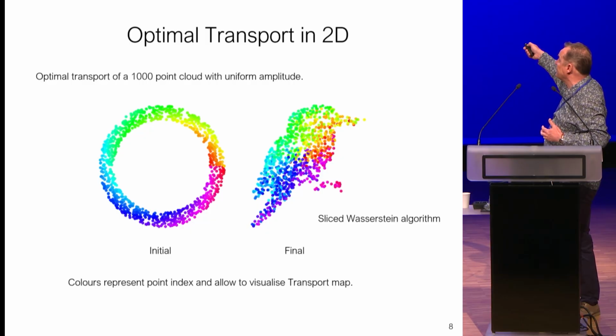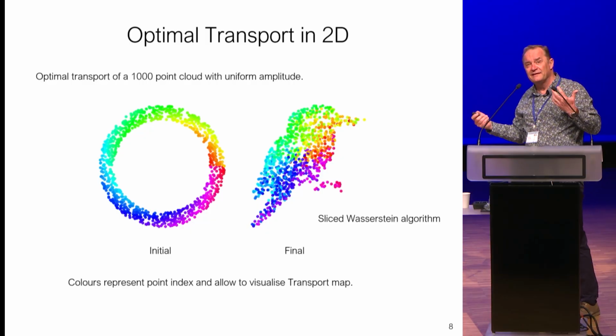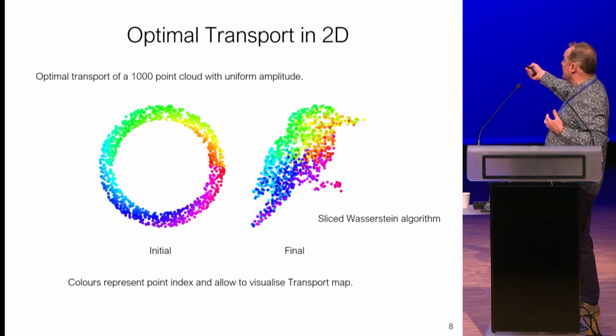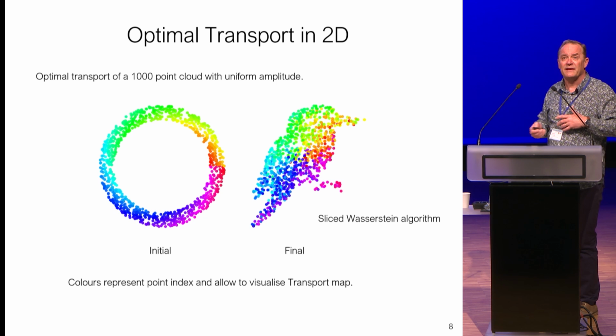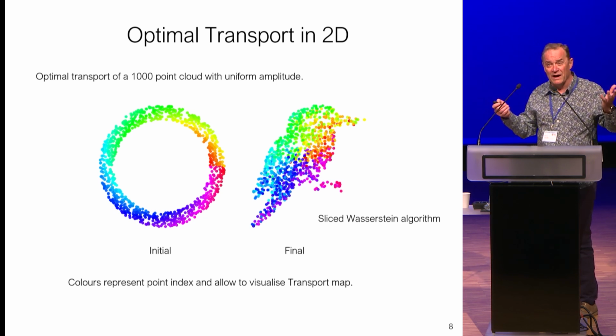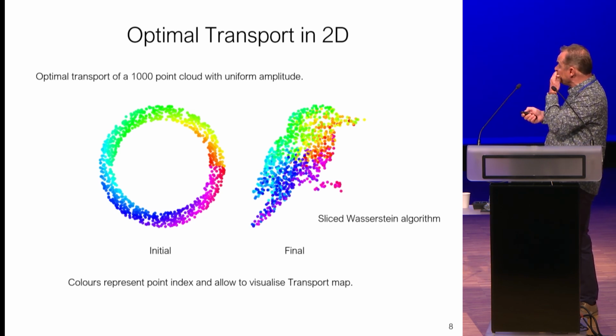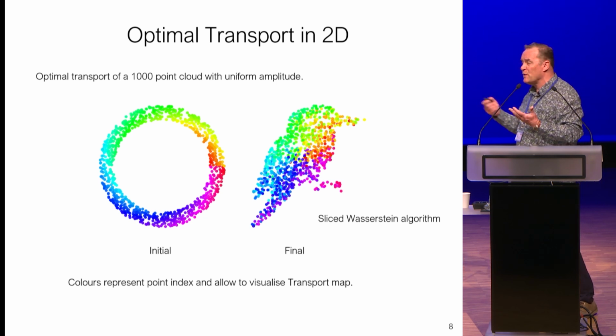This is the optimal map, that things that are close in one become close in the other. The blues and the reds and the greens, you can see that they're more or less consistent. This is solved using what we call a sliced Wasserstein algorithm. I won't go into that, but it's a fast, approximate way of trying to solve the same problem. And you can see that there's a coherent mapping.